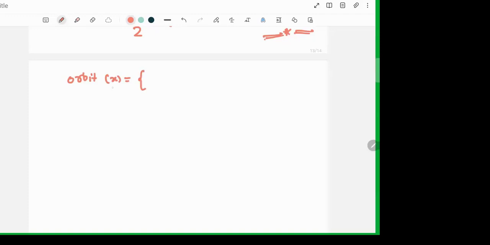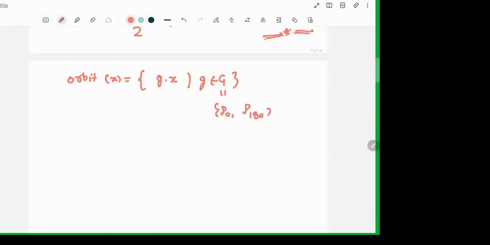The orbit of an element x. Suppose x is one rook placement. In your mind, fix one rook placement. The orbit of this rook placement is basically g dot x, another rook placement, such that g belongs to G. Here G is your rho 0 and rho 180.